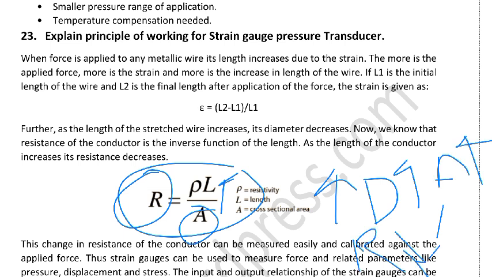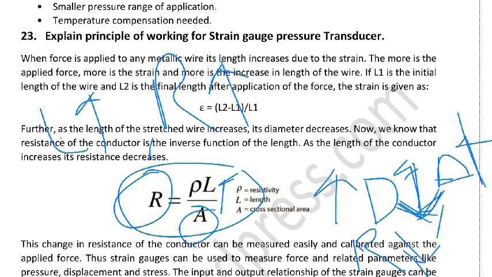So there are two factors. If the length increases, the resistance increases, but the diameter will reduce, and if the diameter reduces, the area decreases. In this way, we can calculate the change in resistance.